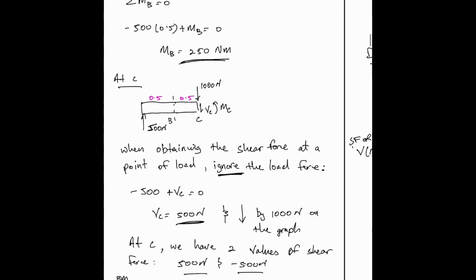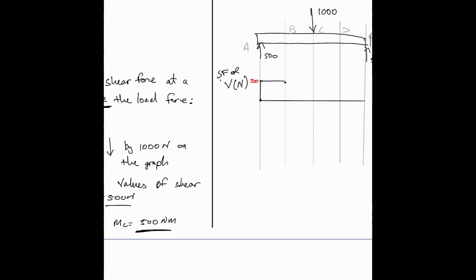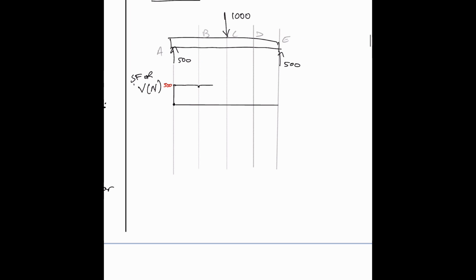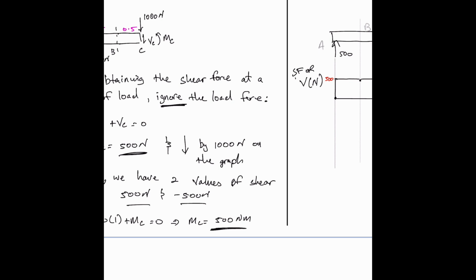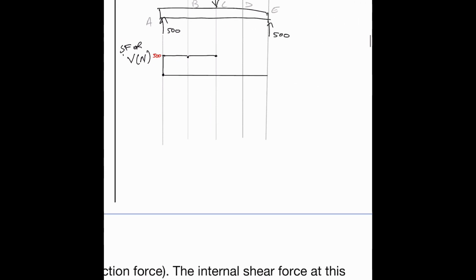At C, it's 500 also, and then at C we go down by 1,000 on the graph. So we go down by 500 and then 500 again, that's 1,000. So this here is minus 500, and this entire drop here is 1,000.